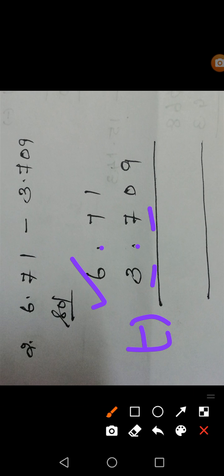After the 7 we have the 0, then the 9. Above this 9 there is nothing, so for convenience we write 0.